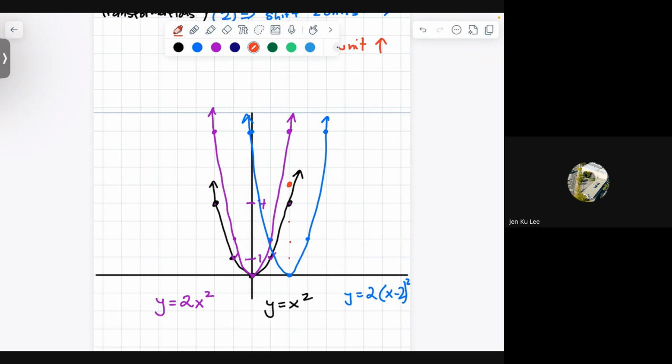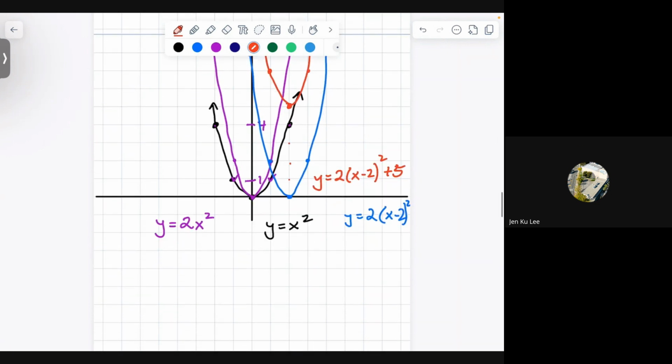That's that point, and then the other 2 I'm not going to draw, so that's going to be out of the graph. So there's my parabola, and my red one here, that's my final transformed graph.